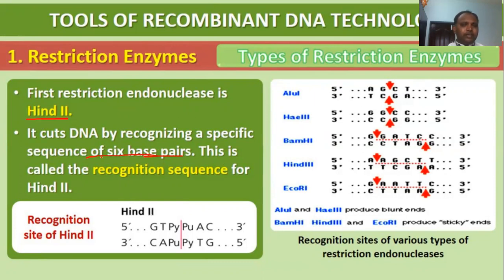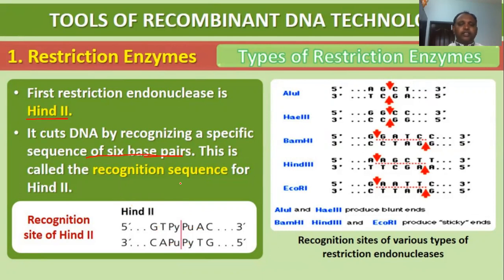Here the recognition sequence is given for HindII, because all restriction endonucleases have specific recognition sequences. The recognition sequence may vary from enzyme to enzyme, right? Here you can see the HindII recognition sequence: GT, pyrimidine, purine, AC, that is, adenine and guanine, and so on.